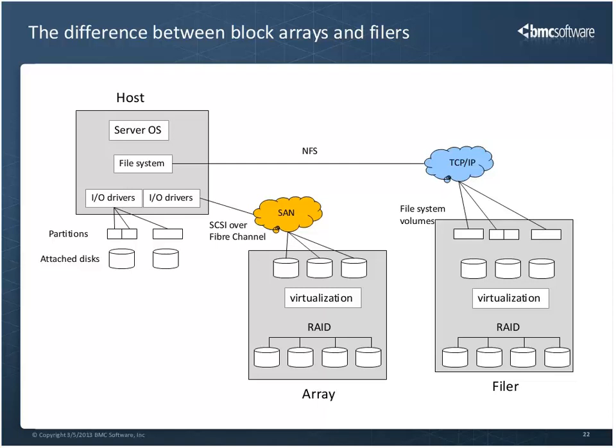But now look on the right-hand side. The filer actually looks internally very similar to a block array. But what it's doing is not only creating RAID groups and virtualizing them into volumes, but it's also exposing those volumes as file system volumes, which means the block storage that is suitable for hosting a set of files.